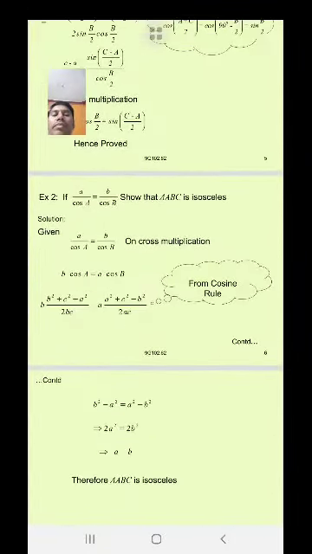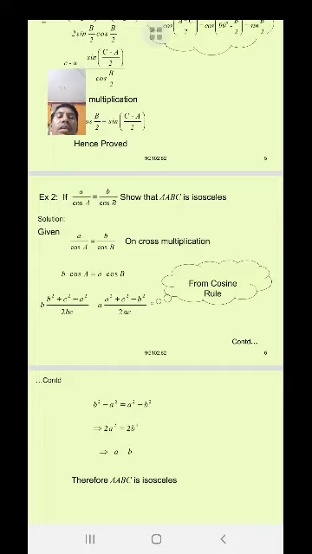Next question, second one. If a/cos A equals b/cos B, show that triangle ABC is isosceles.